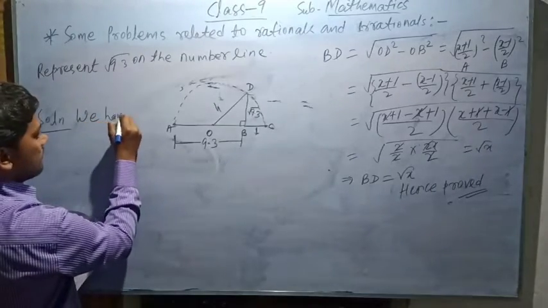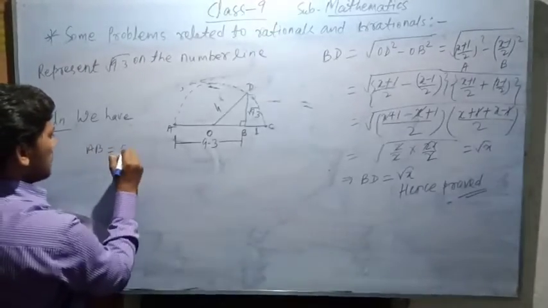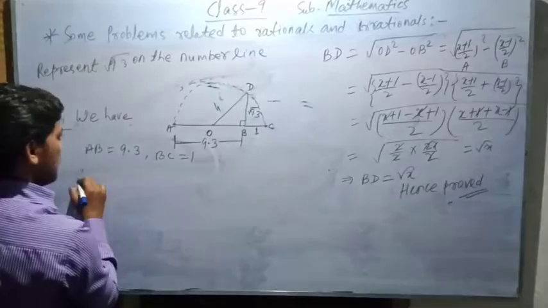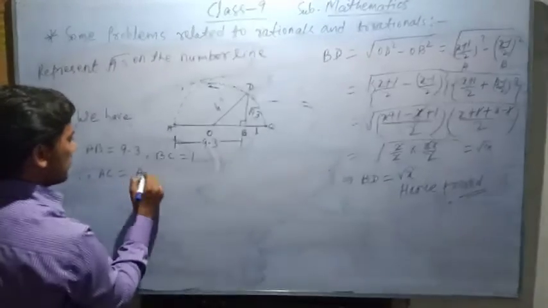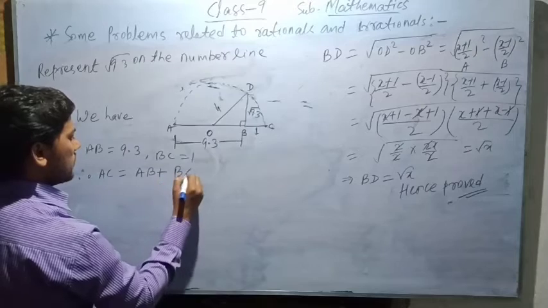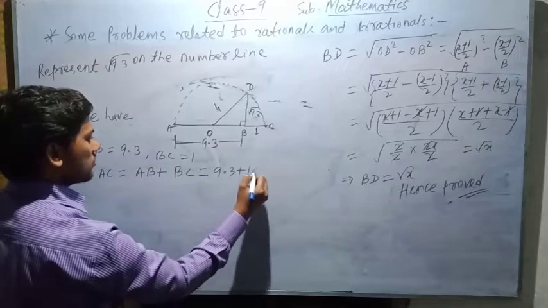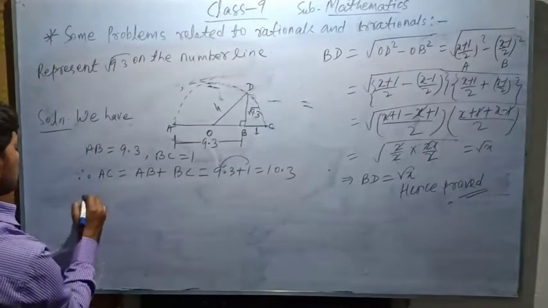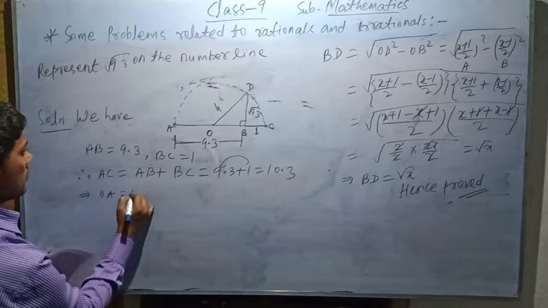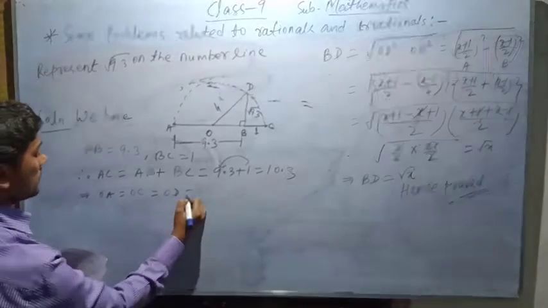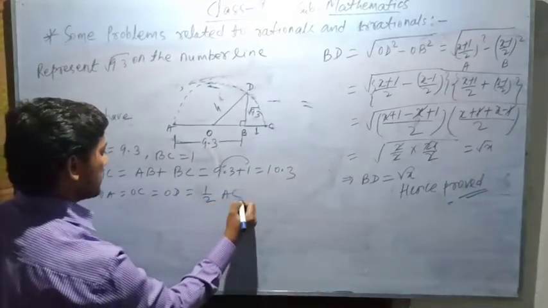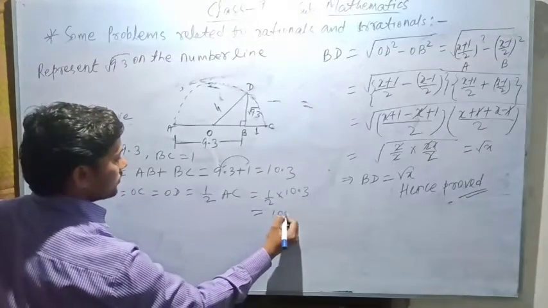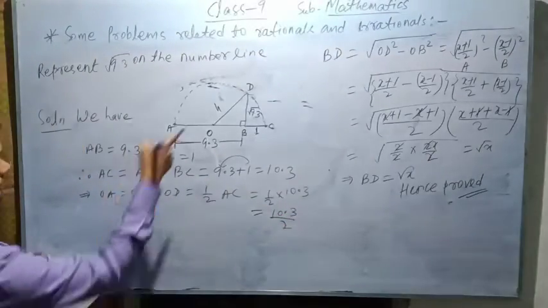We have AB is equal to 9.3, BC is equal to 1, therefore AC is equal to AB plus BC, 9.3 plus 1 is equal to 10.3. This implies that OA is equal to OC is equal to OD. It is radius, so half of diameter AC, half of 10.3, is 10.3 upon 2.